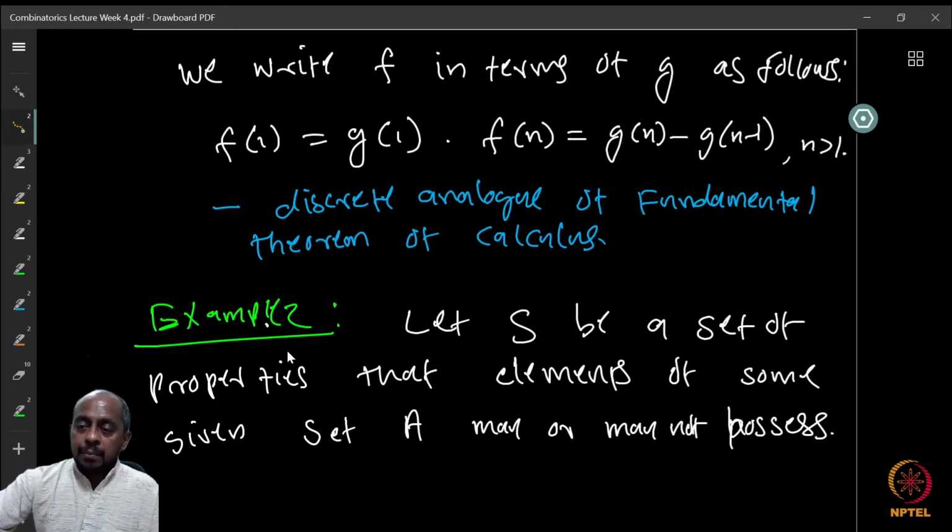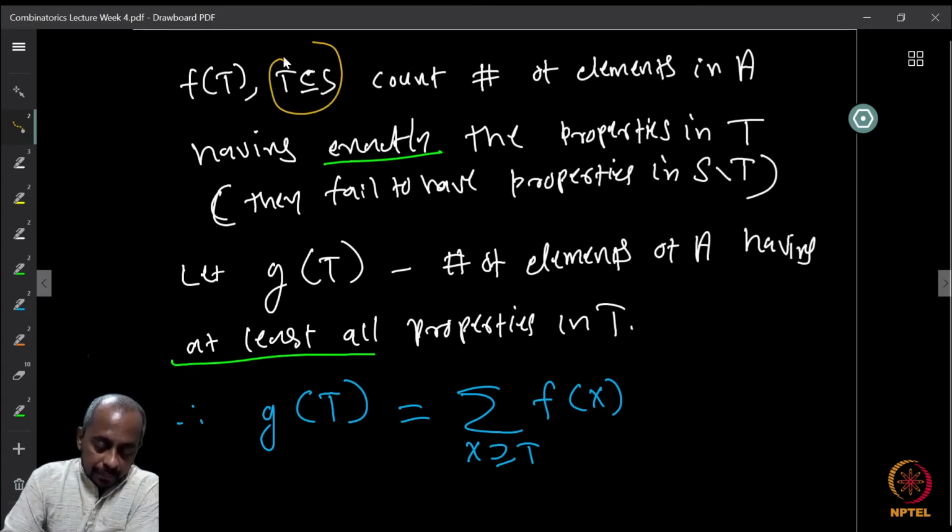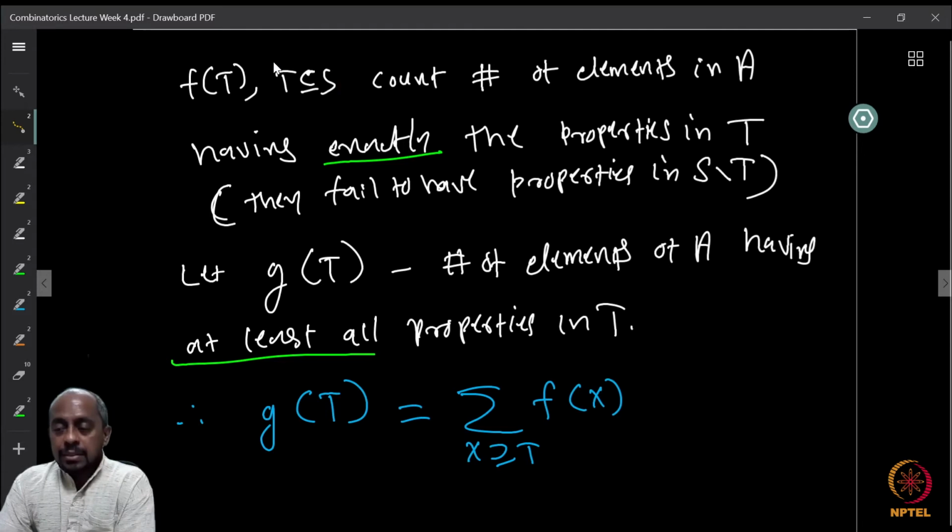Then suppose some function f counts. So suppose you are given a subset of S, let's say T, then f of T counts the number of elements in A that have exactly the properties that are described in T. Right?